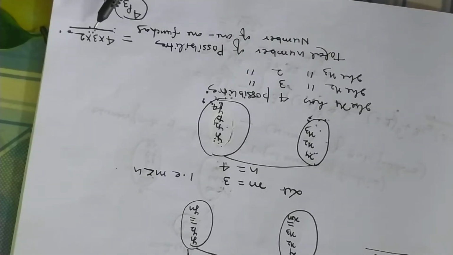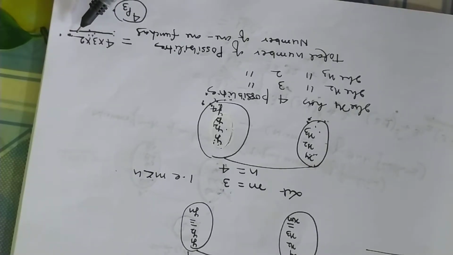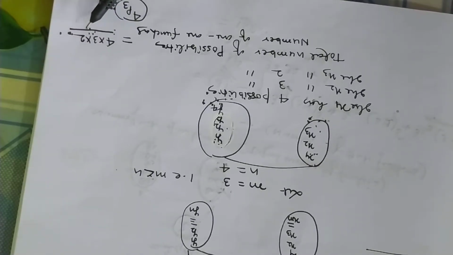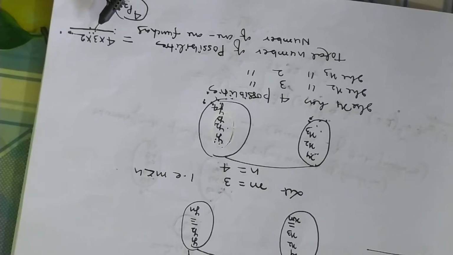The product of 2 into 3 into 4 into 1, if you take here 1, then we have factorial 4. The value of factorial 4 is 24. 4 threes are 12, 12 twos are 24, into 1, 24.